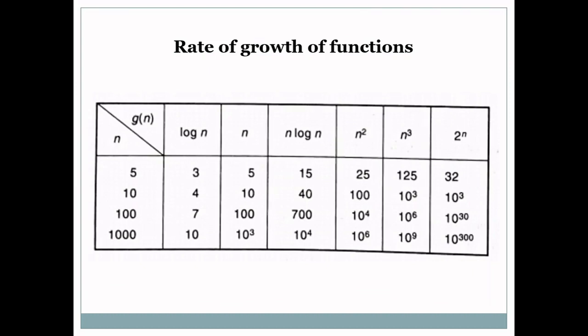Suppose we have n as 5. That means we have 5 inputs. Then if an algorithm has the complexity log n, then it will take 3 comparisons. Usually we represent searching and sorting algorithms and its complexity.